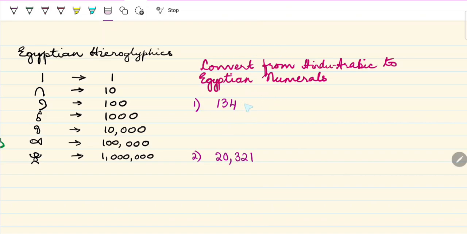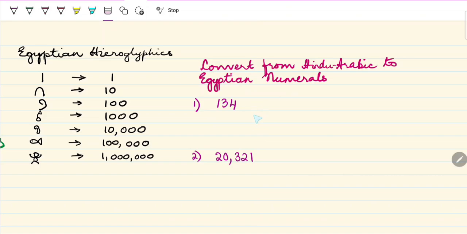Now, the process for converting from decimal to Egyptian is going to be just the reverse of the process that we used when converting from Egyptian to decimal.